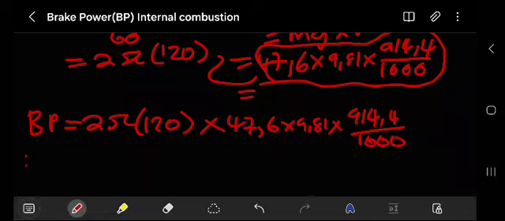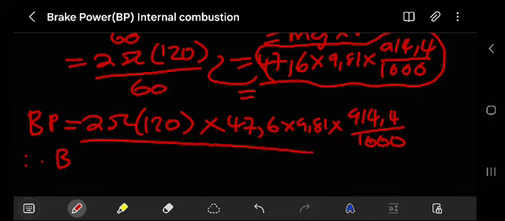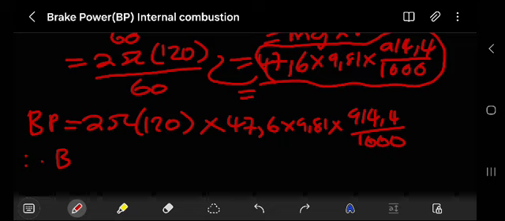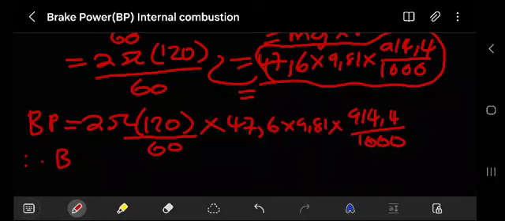All of this we're supposed to divide by 60, so let us not forget the 60 here. I can just divide the speed by 60.